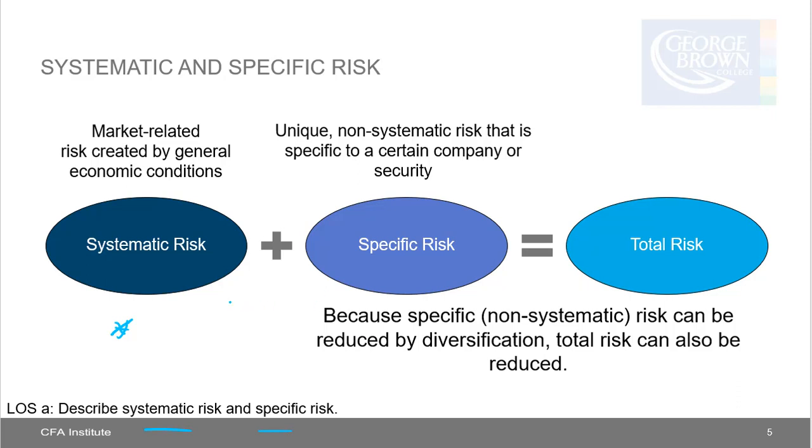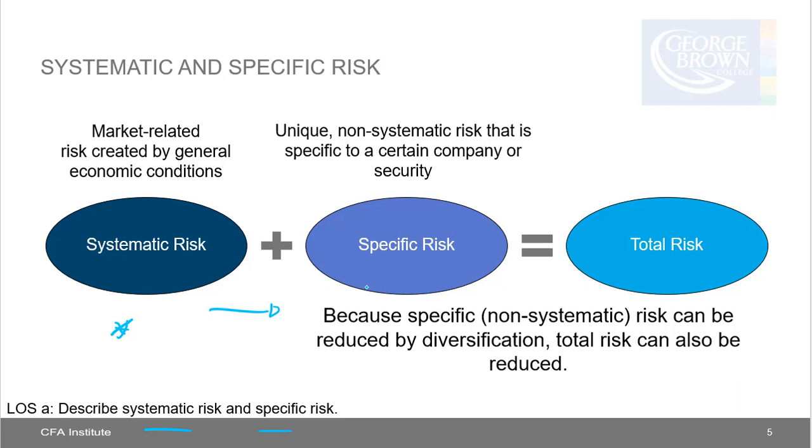If we move over here to specific risk, though, specific risk, risk that is specific to a certain company or security is known as specific, idiosyncratic, non-systematic, or unsystematic risk. So those are some key terms when we're talking about specific risk. Non-systematic or unsystematic risk.